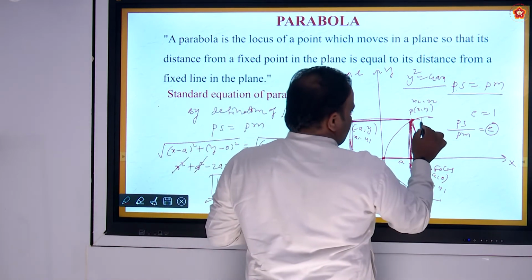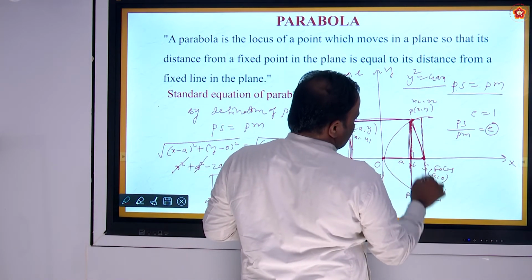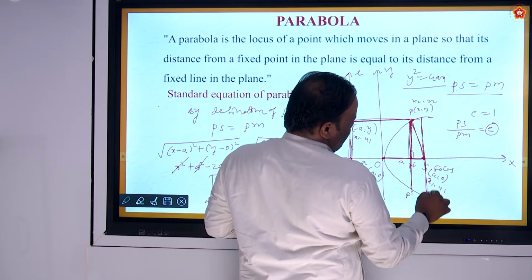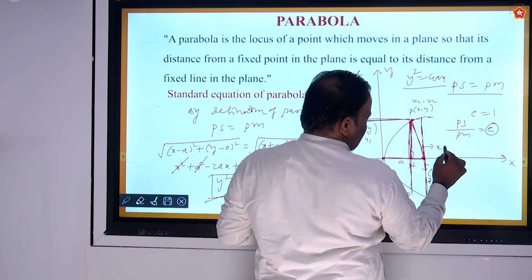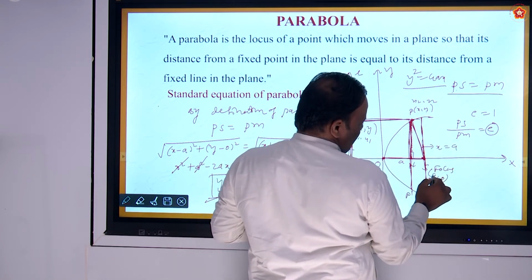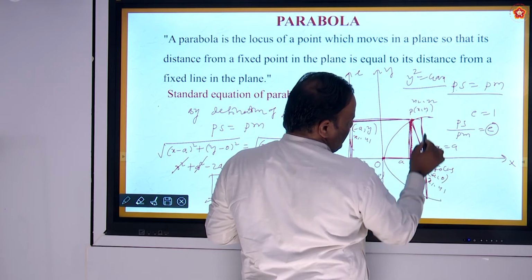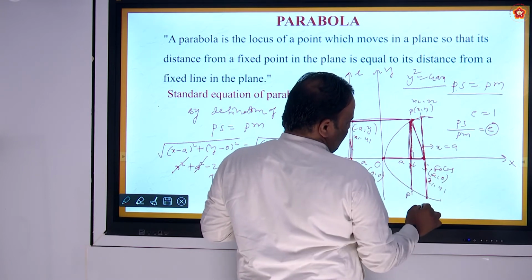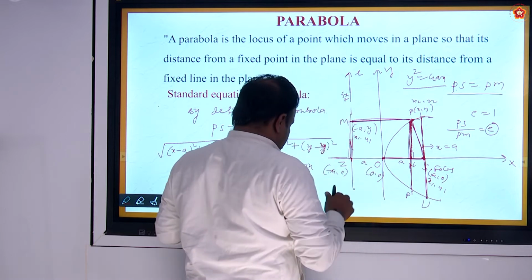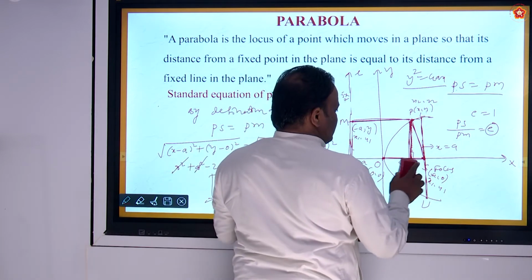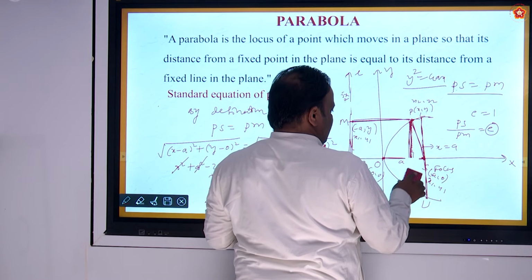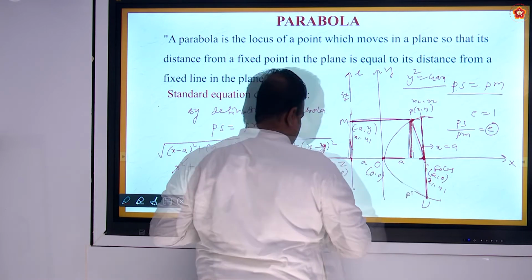So the equation of LR, the latus rectum, is x equal to what? A, because S is at x equal to a. I call the ends L and L dash. The equation of the latus rectum LL dash is x equal to a.